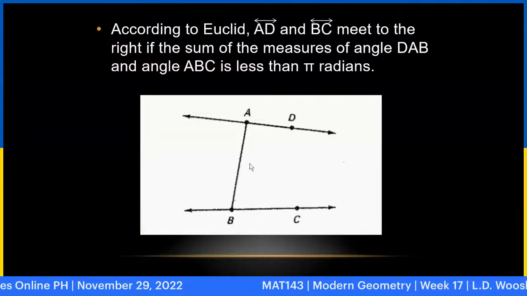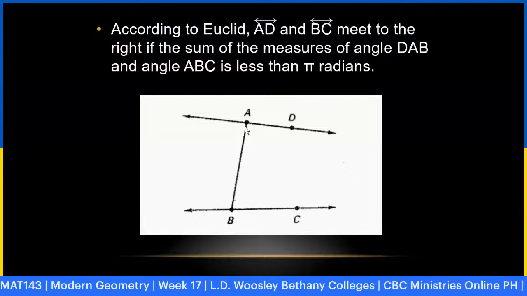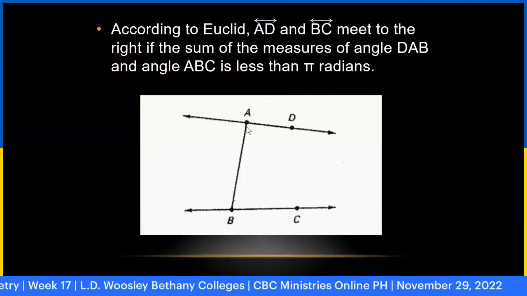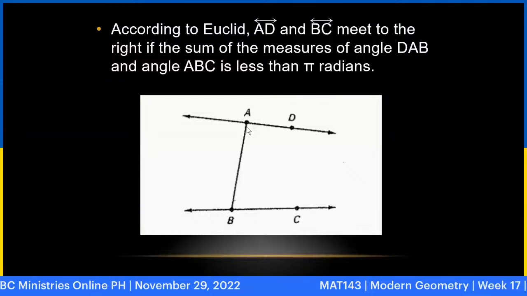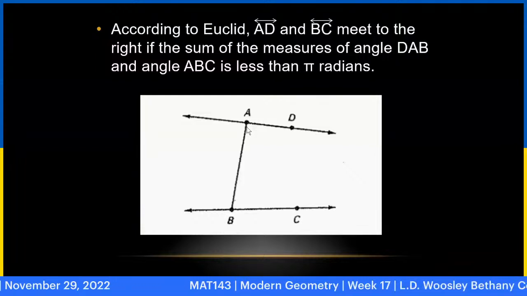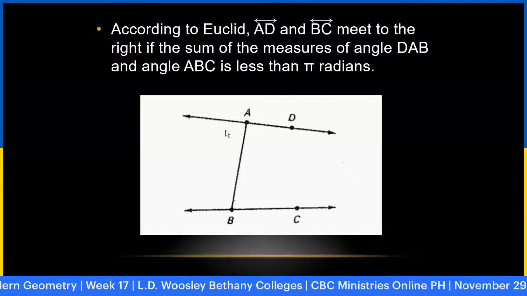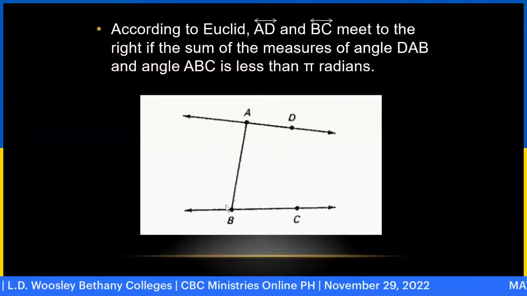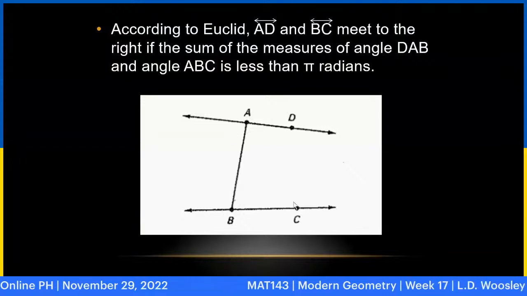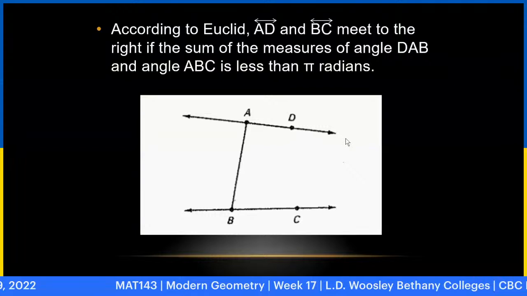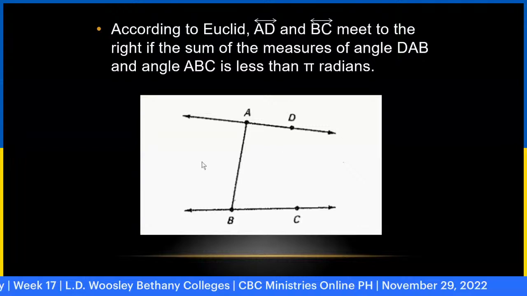The interior angles are DAB and CDA, or ABC. So when the sum is less than pi or less than 180 degrees, okay, that becomes intersected on the side which is less. Of course, on the opposite side, we could see that this is larger than 180. Okay, makes sense, Mikaela? So the side that it will intersect is on the side where the interior angles sum to less than 180. Okay, that's one way of expressing the parallel postulate.